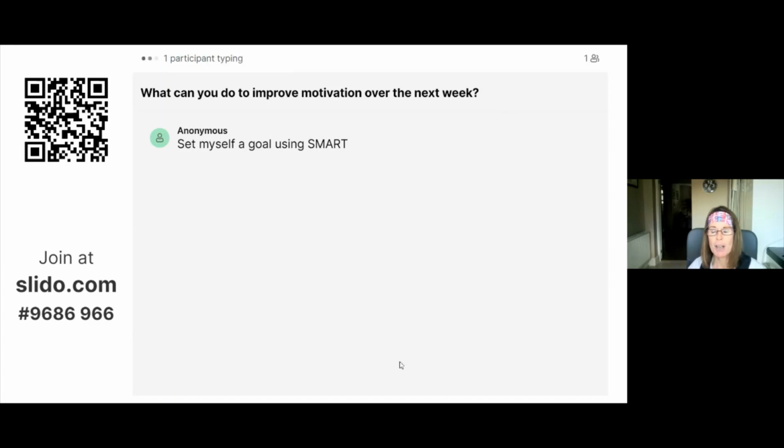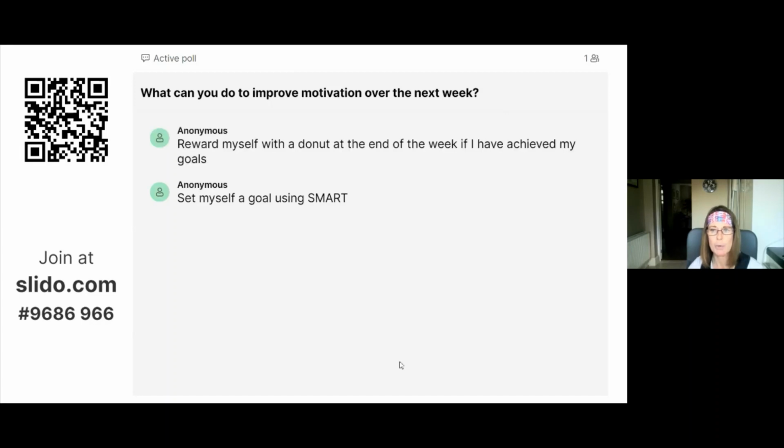Perfect. SMART goals are so useful for everyday life. When we're trying to make changes to our lifestyle and make sure that we stay on track, we're measuring our progress and making sure the goals are achievable and realistic, everything that Emma has previously mentioned. It's a really, really useful tool to have.